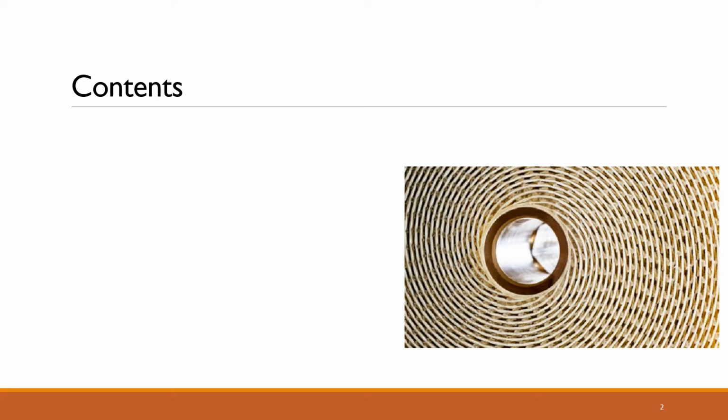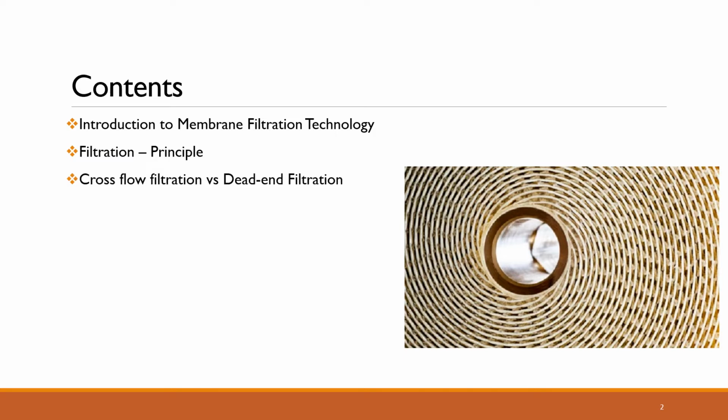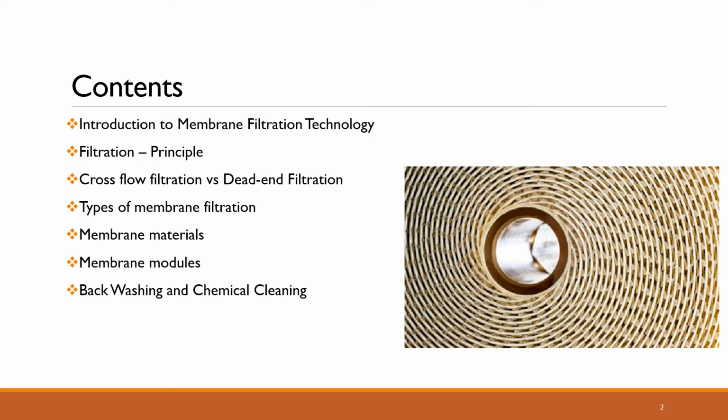At the end of this lecture, you will know what is membrane filtration technology, the principle of filtration that is used in membrane filtration technology, the difference between cross-flow filtration and dead-end filtration, types of different membrane filtration processes, the membrane materials which are used in membrane filtration technology, membrane modules, backwashing and chemical cleaning.